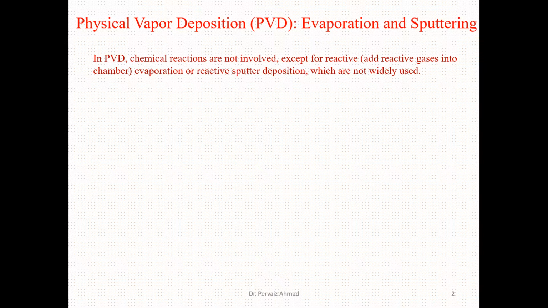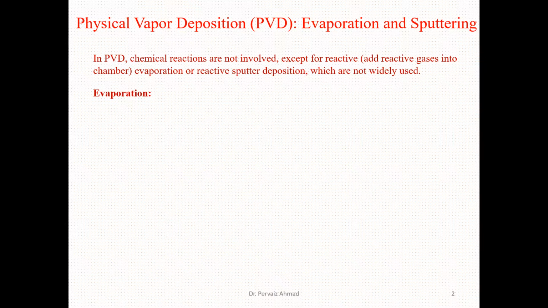Remember, in PVD, or physical vapor deposition, chemical reactions are not involved. All the processes that occur here are basically physical. Sometimes we have some sort of chemical reaction, but that should be only for reactive evaporation or reactive sputter deposition, and this kind of reaction is not widely utilized. So normally we do not have chemical reactions in PVD.